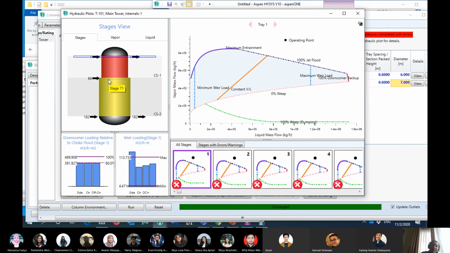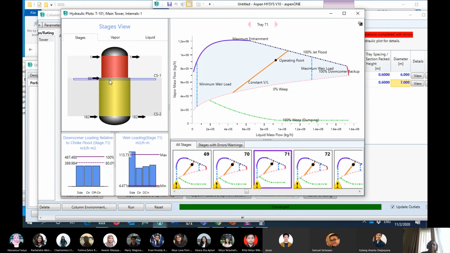Let's look at the stripping section. For example, you click this one, tray number 71. It shows that the operating point is inside the safe operation window and also in line with the orange operating line.